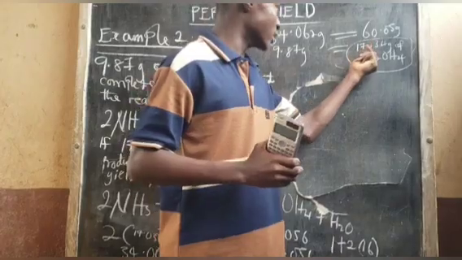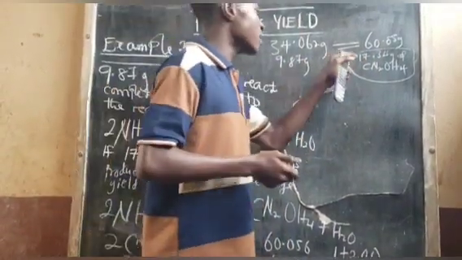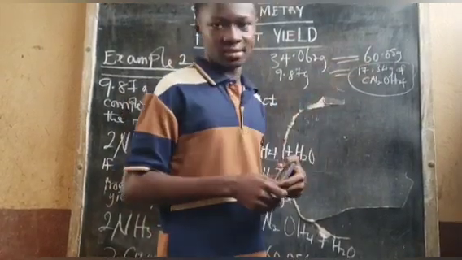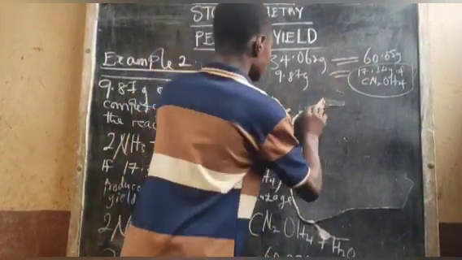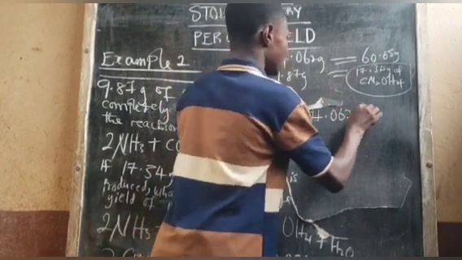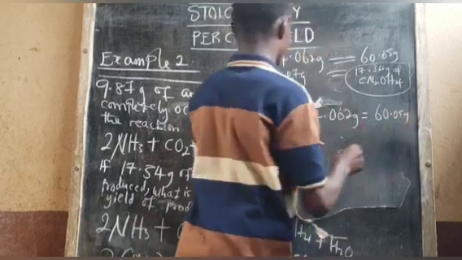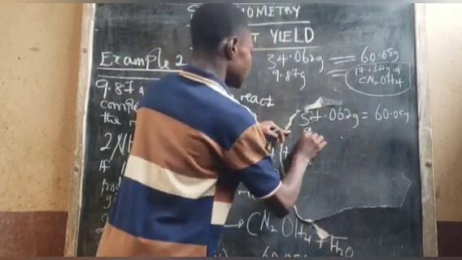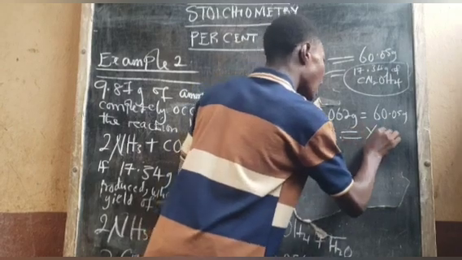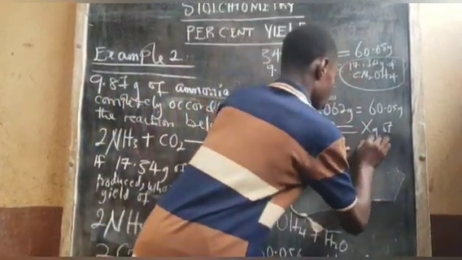So for us to find the theoretical yield, we have to take this as x. So now I will say 34.062 gram gives me 60.05 gram, while 9.87 gram gives me x gram of urea.